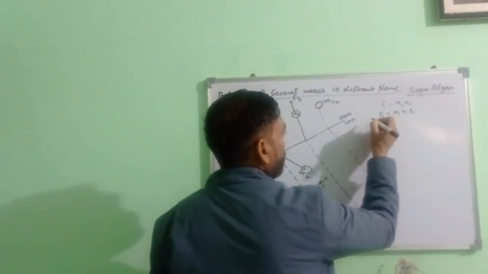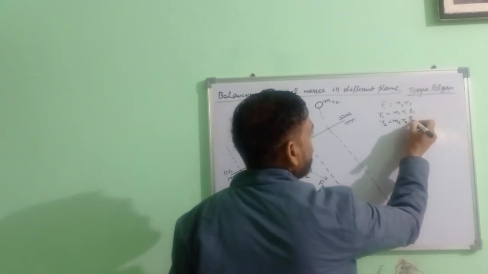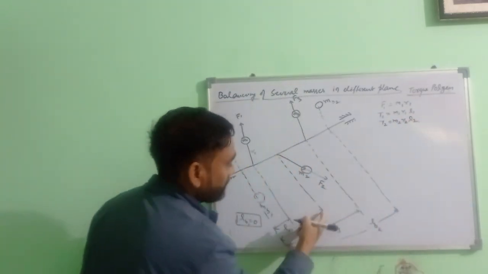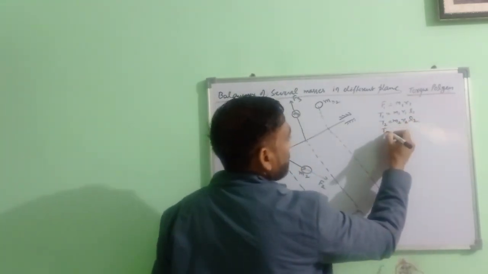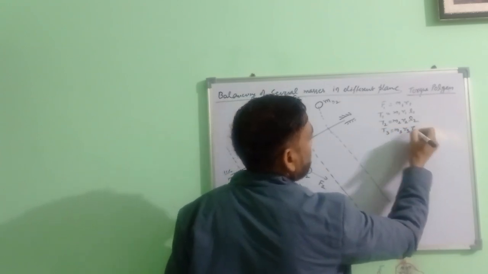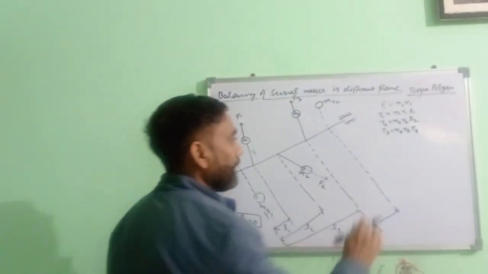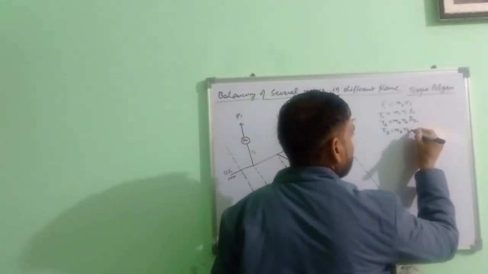Similarly, the torque T2 we will calculate: this is m2 R2 and the distance L2 from this reference. Similarly, T3 we will calculate: m3 R3 and L3.